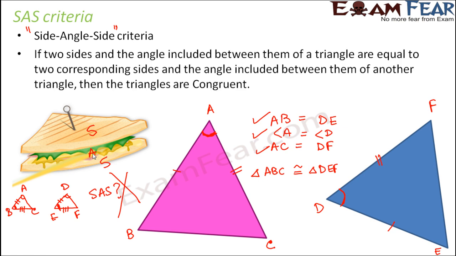So we say that if two sides and the angle included between them of a triangle are equal to the two corresponding sides and the angle included between them of another triangle, then the triangles are congruent.